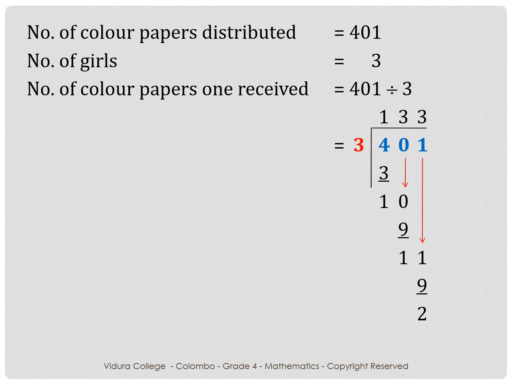As shown, you want to write 401 divide by 3. In the next line, you can use the long division method to divide 401 by 3 as shown. So the answer should be 133 and remainder equals 2.